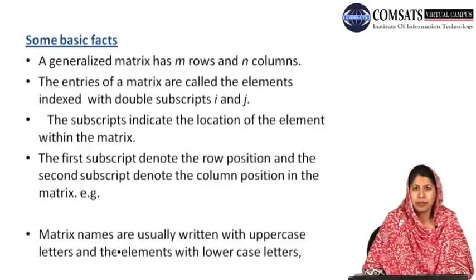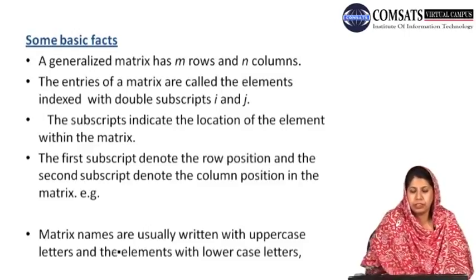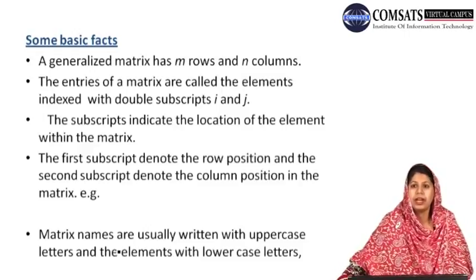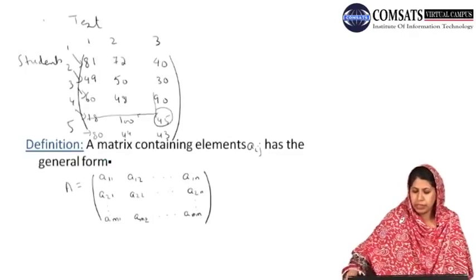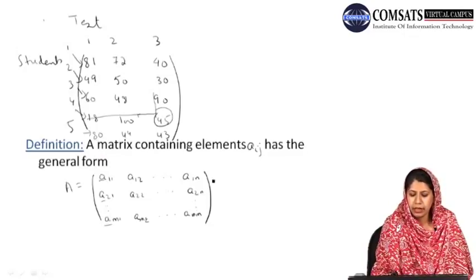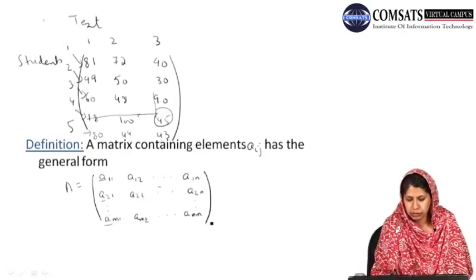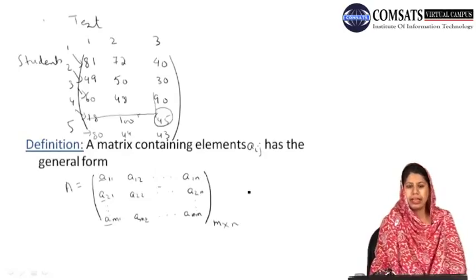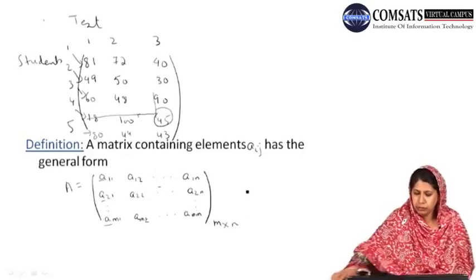The generalized form of the matrix which we have just written has m rows and n columns: row 1, 2 and so on, continuing up to m rows, and column 1, column 2 and so on up to n columns. So this matrix has m rows and n columns.